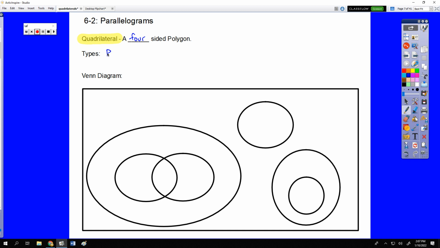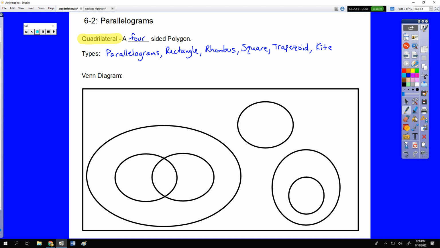You have learned throughout elementary and middle school about these shapes: parallelograms, rectangles, rhombus, plural of which is the word rhombi, squares, trapezoids, and kites.